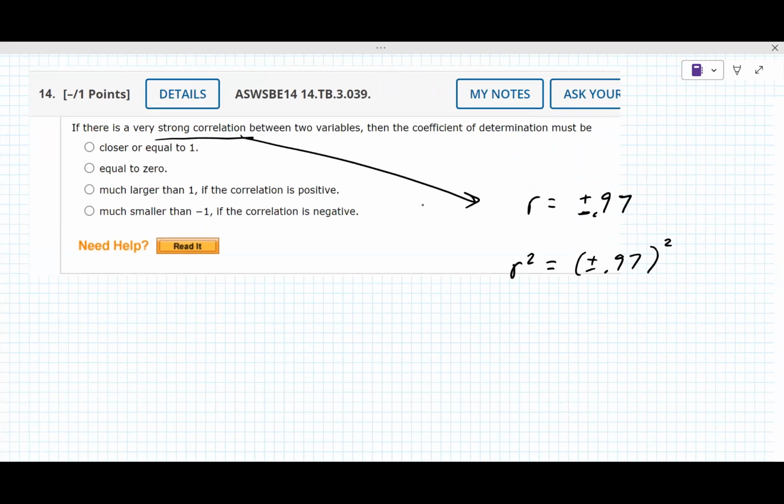So when you square this number, it gets really close to 1. So the first one. Yes. All right, so we're back to 15. We're back to kind of doing some calculations here. Let's take a look at these.